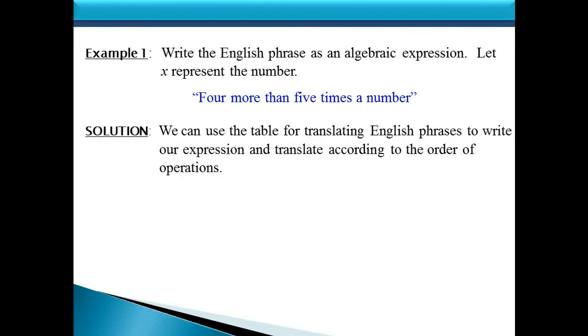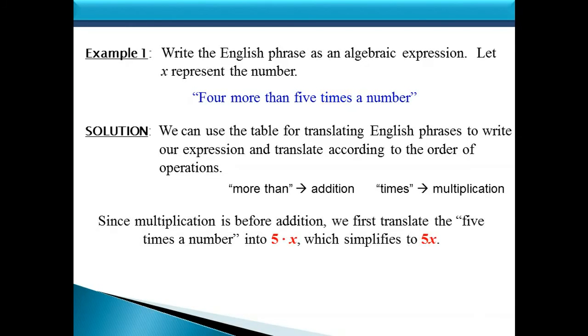So first of all, if you look back at your table of your English phrases and what operations they represent, we can use that and then the order of operations, and we see that more than, remember, was addition, and the word times meant multiplication. Now if you look at the order of operations, since multiplication is before addition, we do the translation of the multiplication part first.